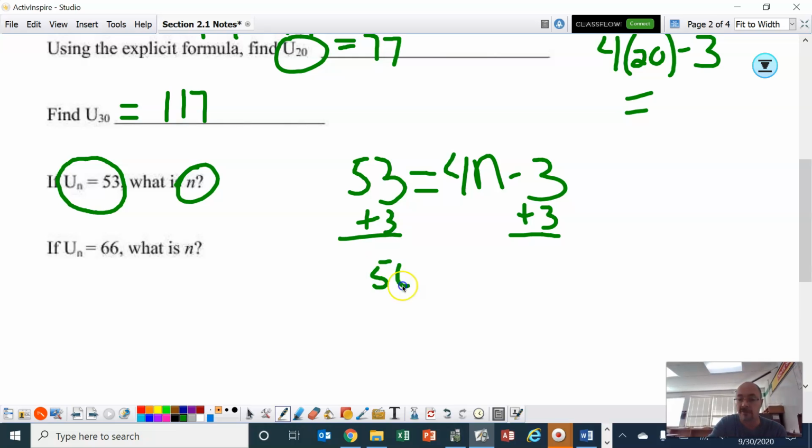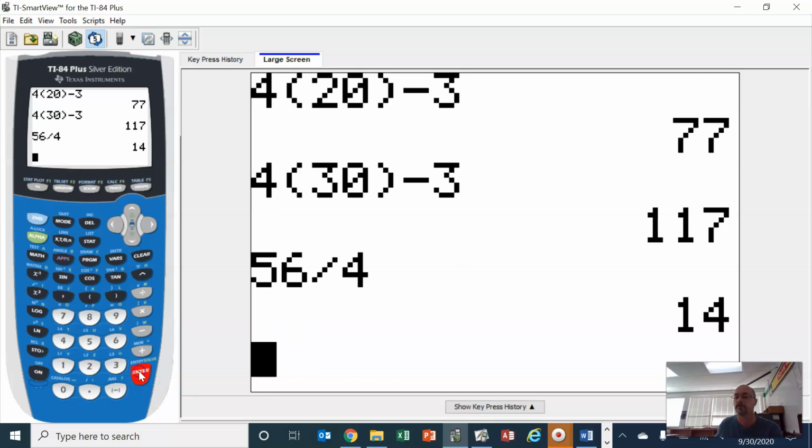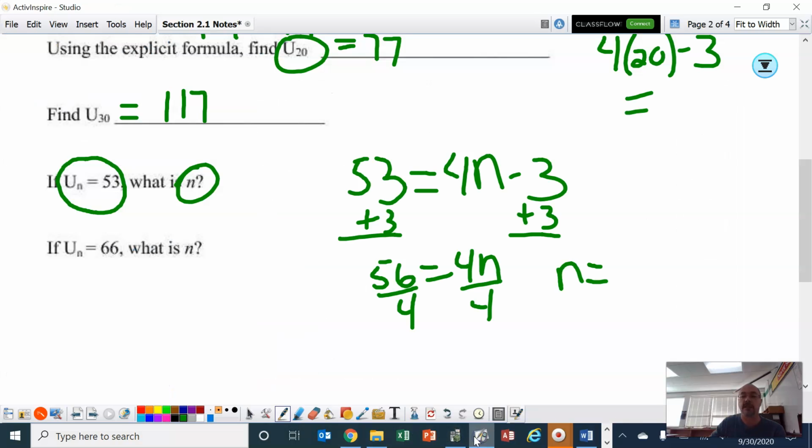We're going to get 56. And then we're going to divide by 4. And so what do we get? 56 divided by 4 is 14. So, 14 is our answer. So that's telling us the 14th number in the sequence is 53.